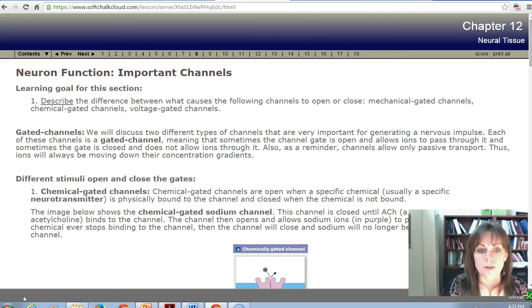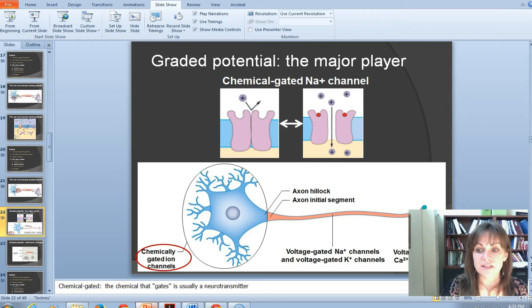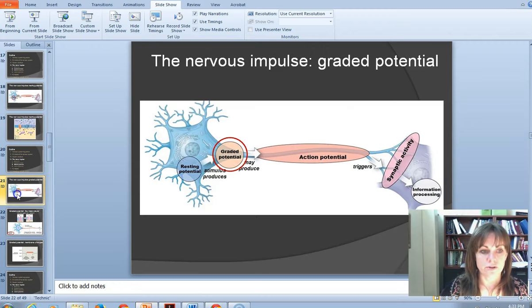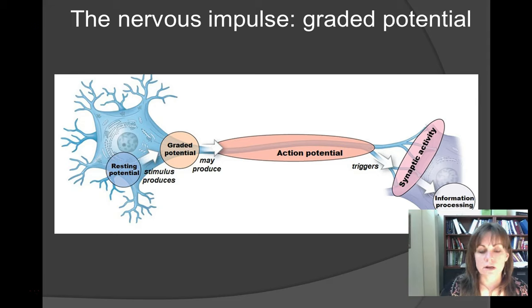Okay, so now we're going to be moving on to talk about these different types of potentials. As a reminder, we started talking about resting potential, and now we're going to be talking about graded potential and then action potential.